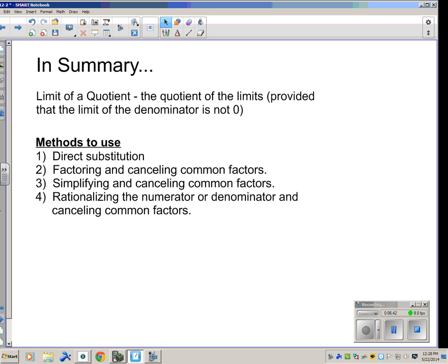Fourth one, especially if you've got a square root here, you want to rationalize the numerator, or you might have to rationalize the denominator, and cancel out your common factors. So again, the limit of a quotient is the quotient of the limits, and you cannot have a 0 in the denominator. So we could use these different methods in order to figure out quotients.